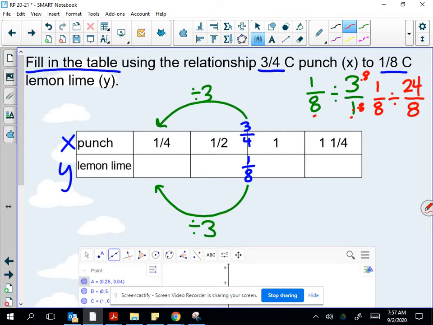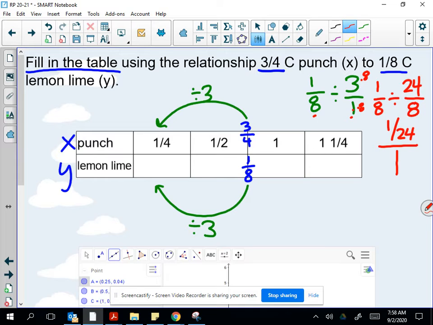When we divide fractions in this way, we first divide the numerators. 1 divided by 24. I know that's going to give me a decimal. I'm going to just keep it in fraction form. 1 divided by 24 could also be written as 1/24. Then we divide across the denominators. 8 divided by 8 is 1.